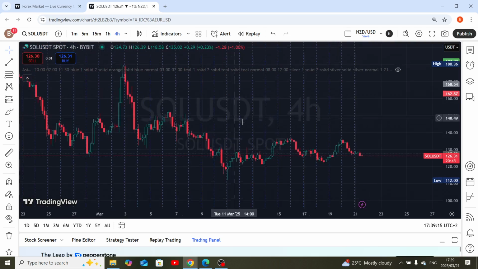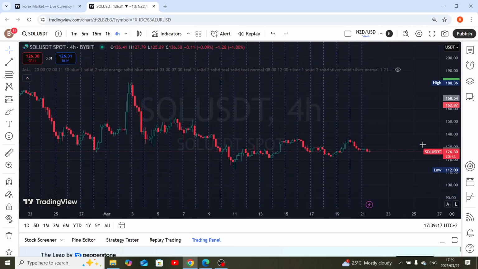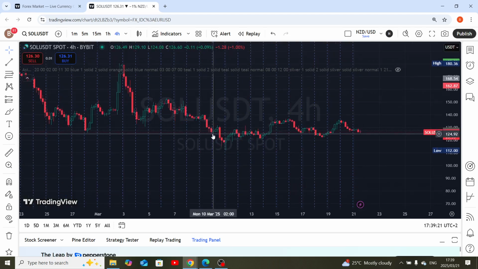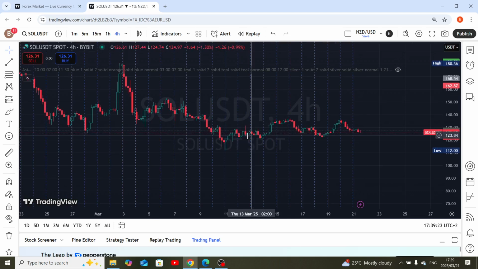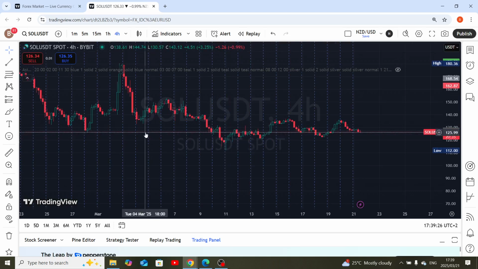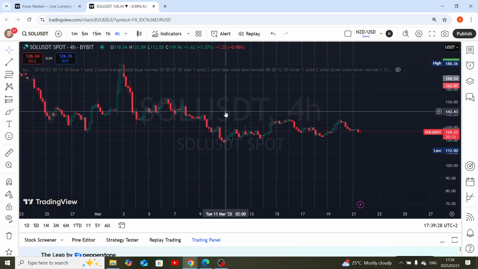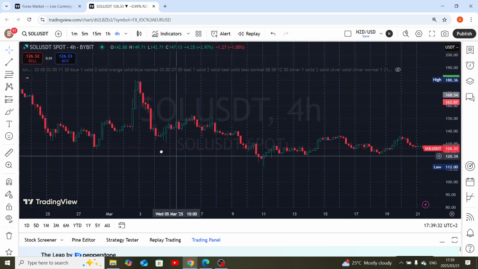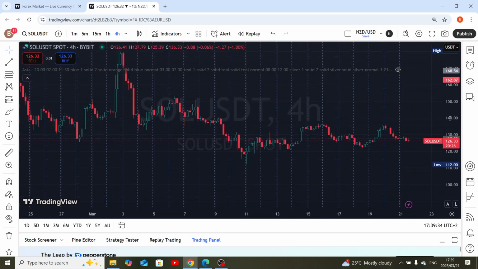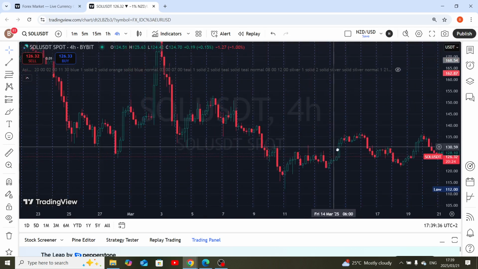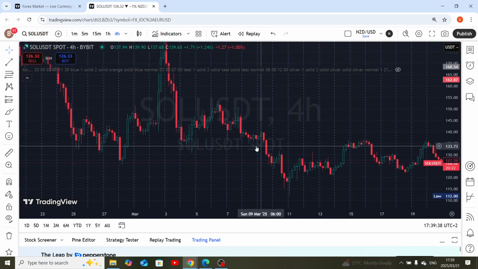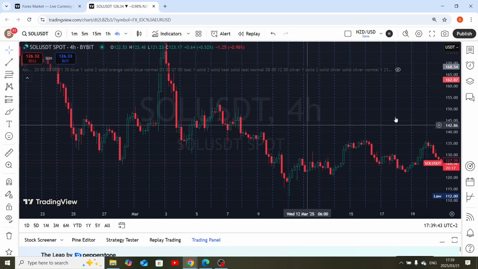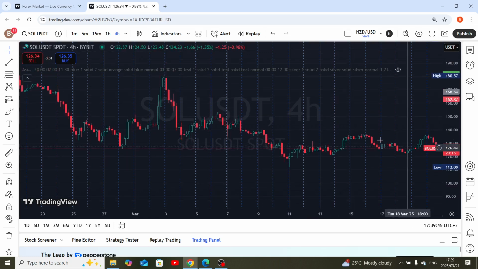Looking at it, I don't think the 4-hour time frame will be that good for us, because it's not that clear. You won't understand what I literally want to show you, and you won't be able to see the strategy properly here. But hopefully maybe we can try.